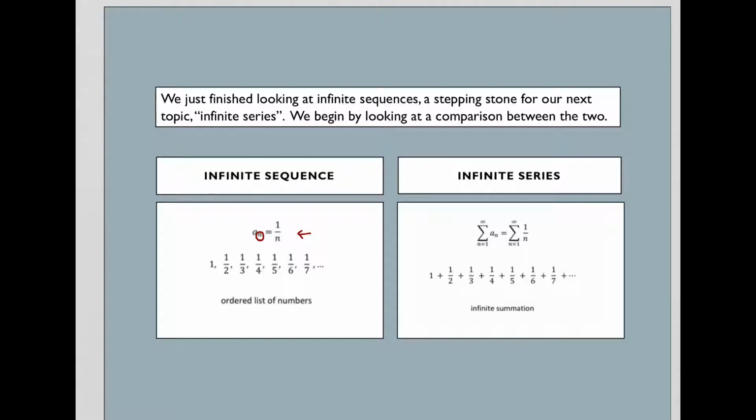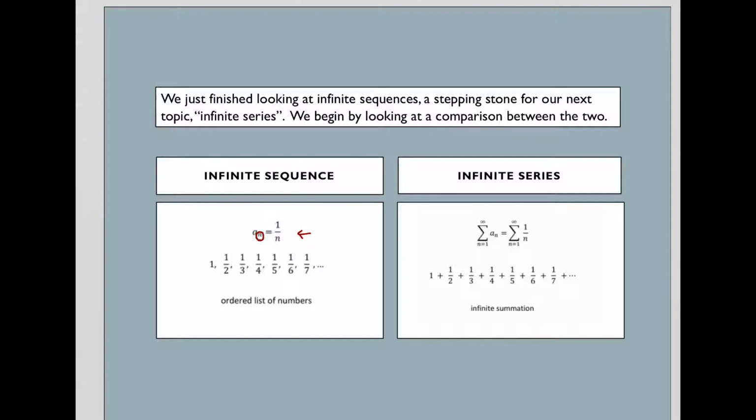That is, the sequence is really a function with a domain of positive integers. This particular sequence 1 over n is the sequence 1, 1/2, 1/3, 1/4, etc. It's an ordered list of numbers. Again, this infinite sequence should look familiar to you.